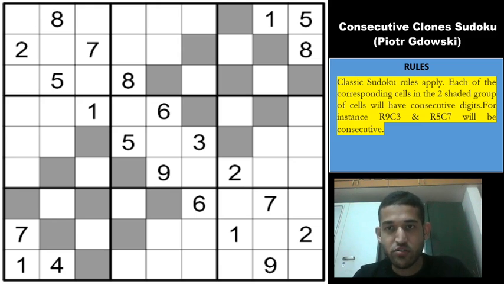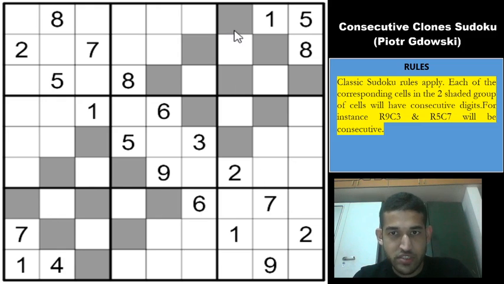So the rules of the Sudoku are: normal classic rules apply. Each row, each column and each 3x3 box will contain the digits 1 to 9. In addition to that, each of the corresponding cells in the two shaded groups of cells will have consecutive digits. So we have two groups of cells, kind of a plus pattern. Two shapes are there.